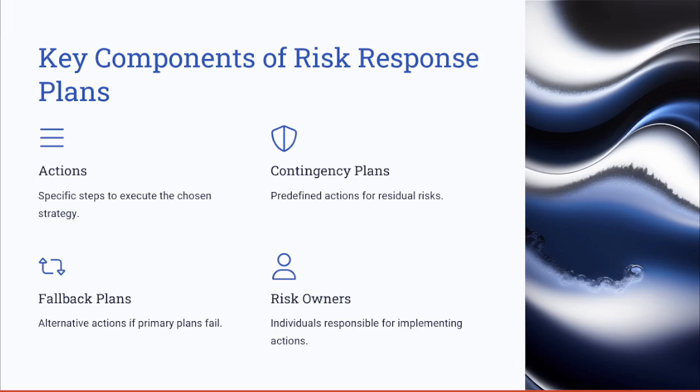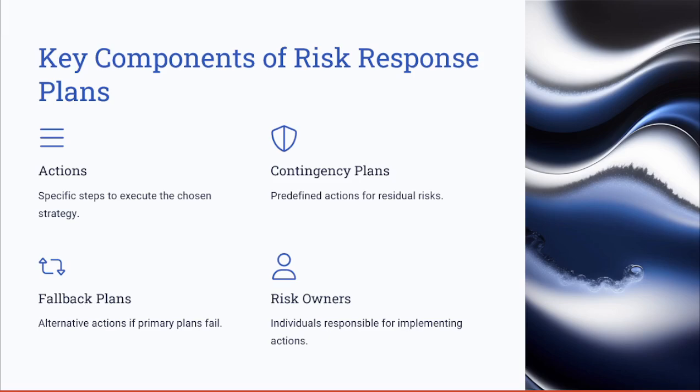Here are the key components of the risk response plans. An effective risk response plan includes the following components, such as the actions. Actions outline the steps required to execute the chosen strategies. The next component is the contingency plan, and that is to manage the residual risks or potential issues.